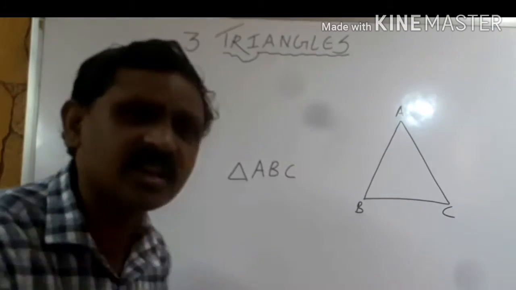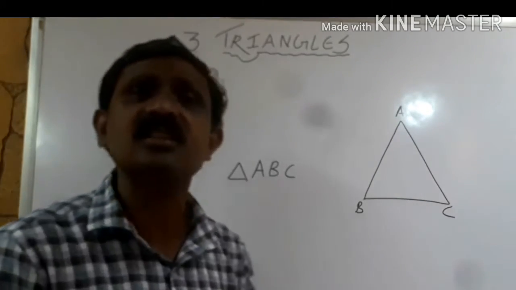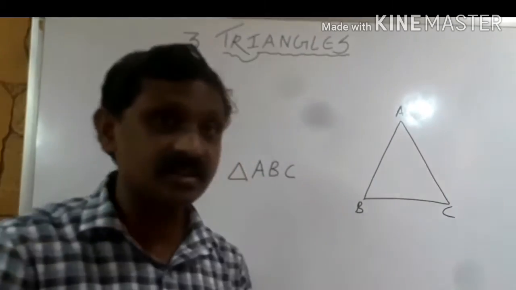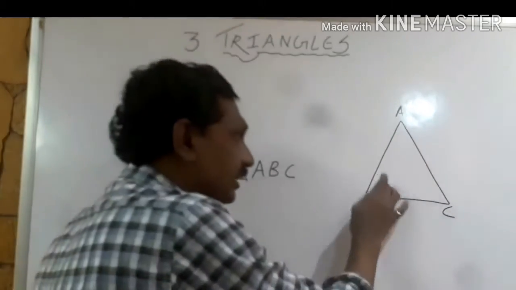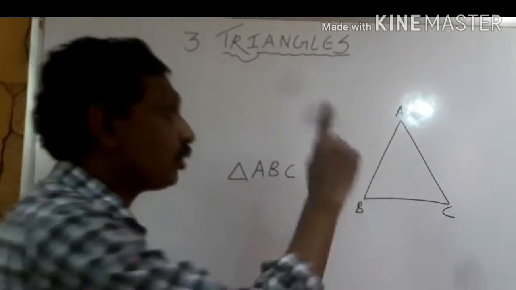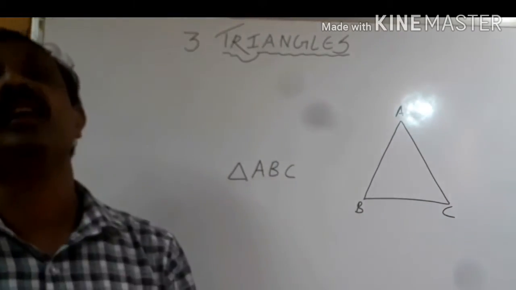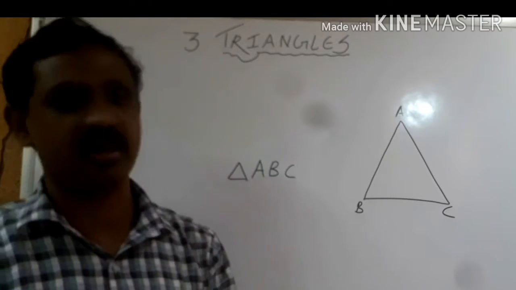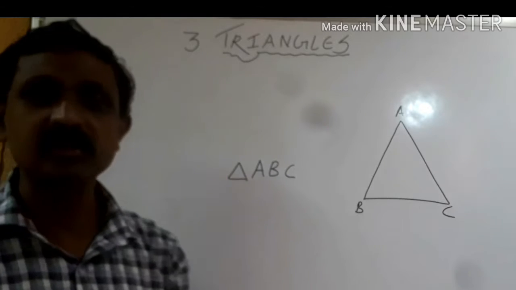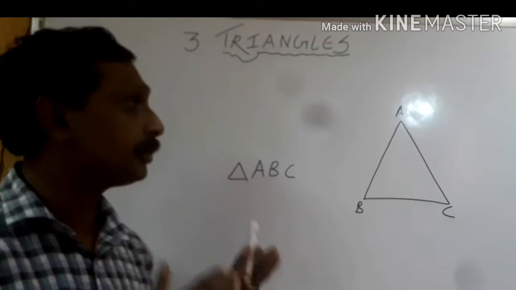And if none of the sides are equal, we call it a scalene triangle. Now this was in terms of sides. In terms of angles, we have acute angle triangle, a right angle triangle, and an obtuse angle triangle. These were some of the concepts of triangles which we have done in our previous standards.